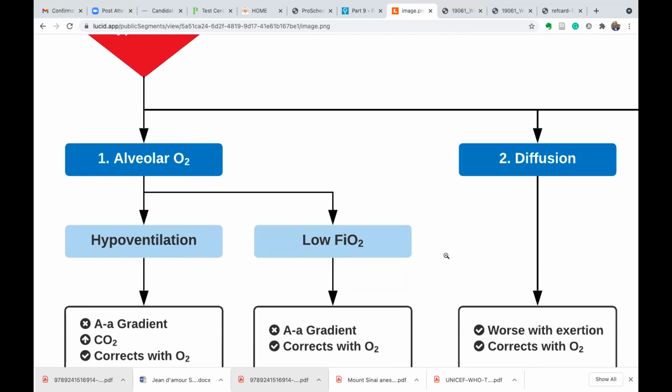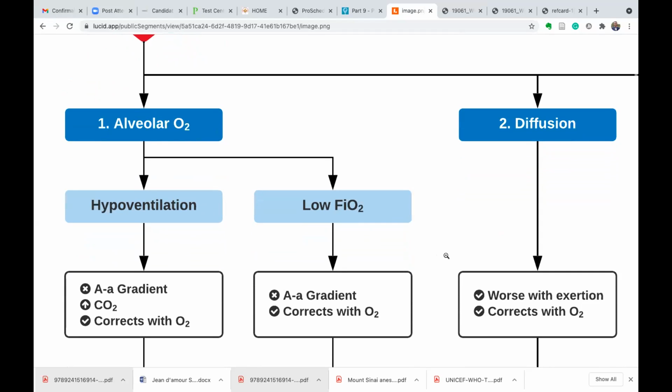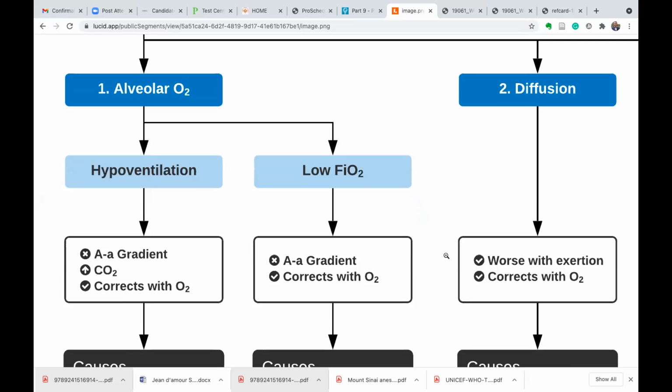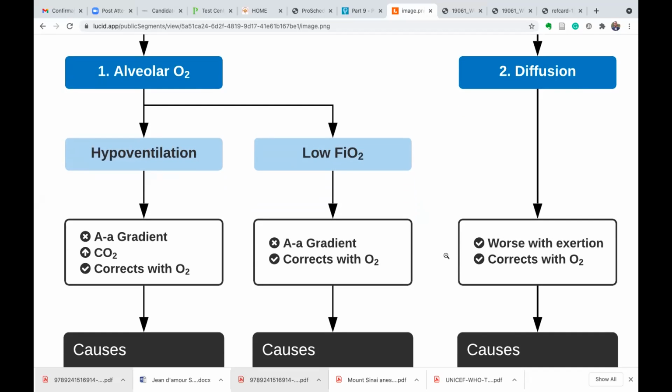For example, you forget to open the oxygen, or you are giving another gas which is not oxygen, or you are at high altitude. So either you are not eliminating CO2 or you are not giving enough oxygen. Those can be the 2 reasons you don't have enough oxygen in your alveoli.